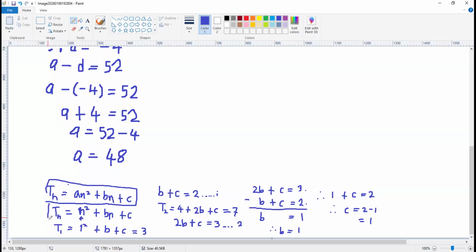This second one is the one that looks closer, because in this second one we now know A and we now know B and C. So I think we can now safely say that therefore Tn is equal to n squared plus bn plus c, since we already know that b is 1, plus n, and then plus c, which is also 1.